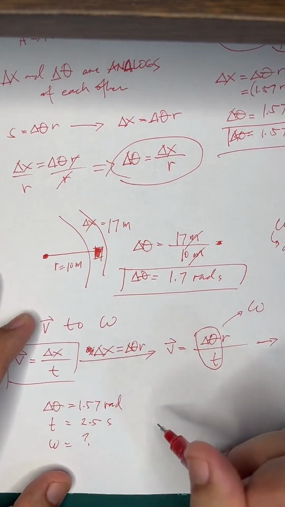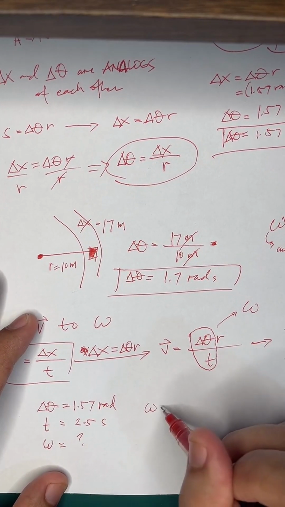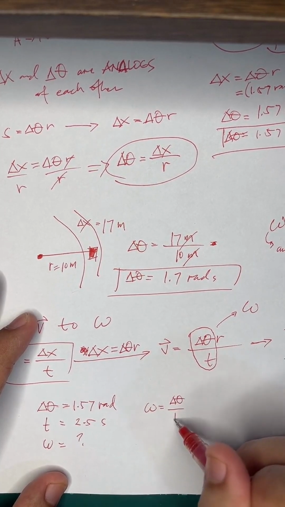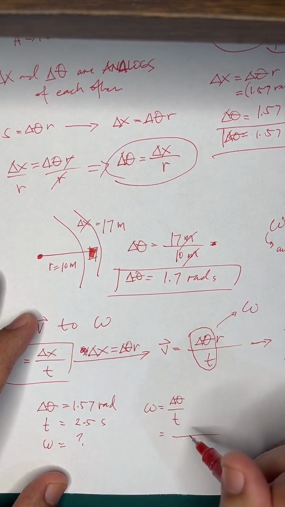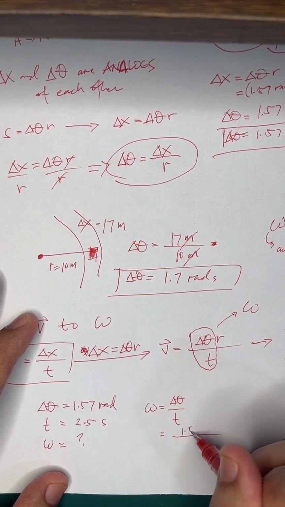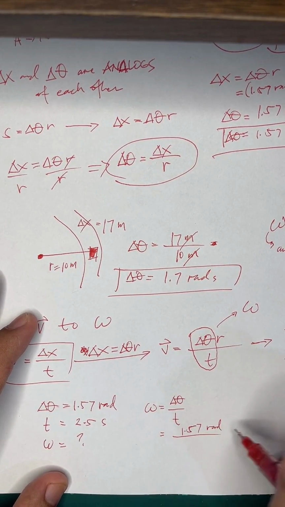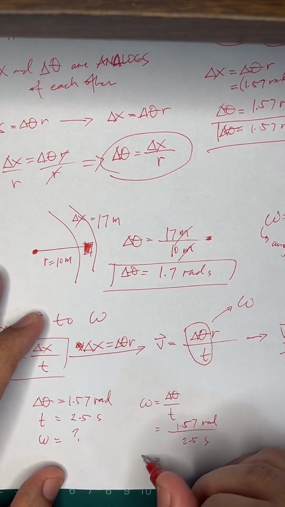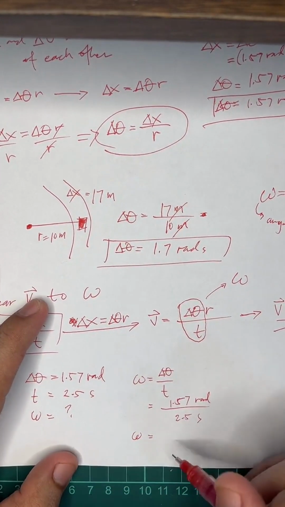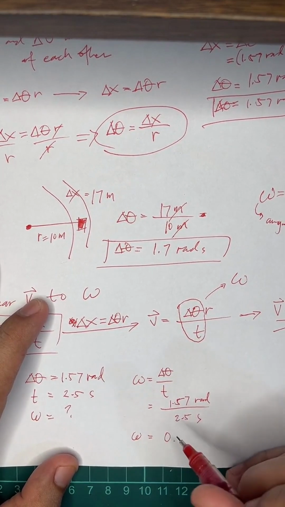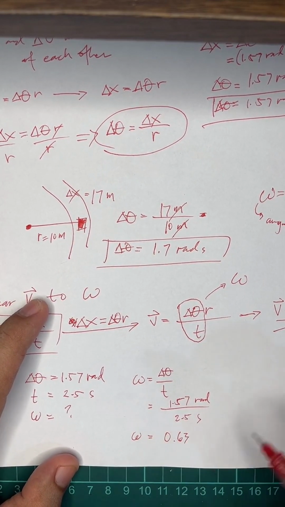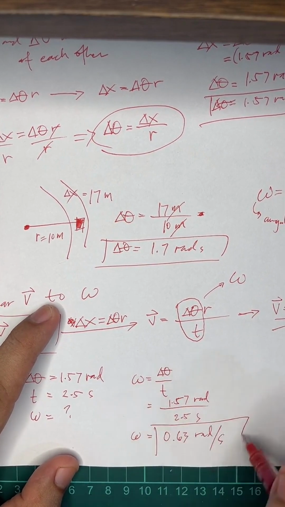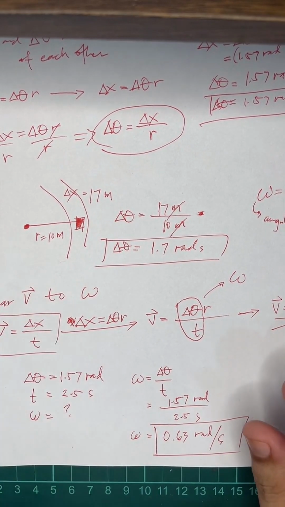So using the formula, omega equals delta theta over t. So what do we get? 1.57 radians over 2.5 seconds. Omega would be equal to 0.63 radians per second. So that is our angular velocity.